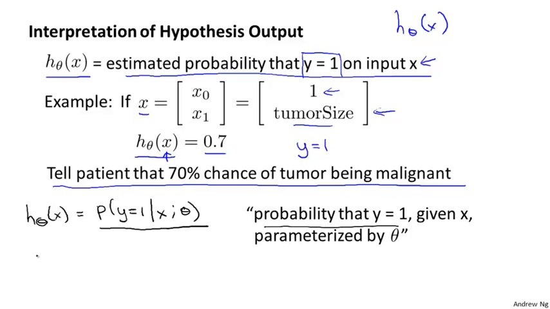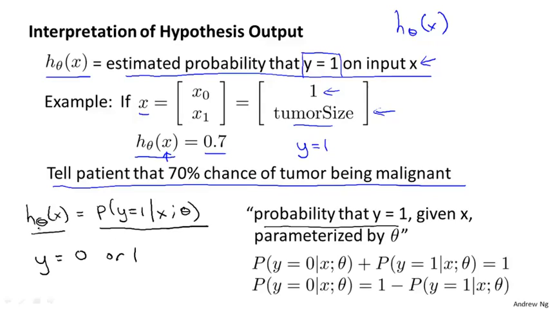Now, since this is a classification task, we know that y must be either 0 or 1, right? Those are the only two values that y could possibly take on, either in the training set or for new patients that may walk into my office or into the doctor's office in the future. So given h of x, we can therefore compute the probability that y is equal to 0 as well.